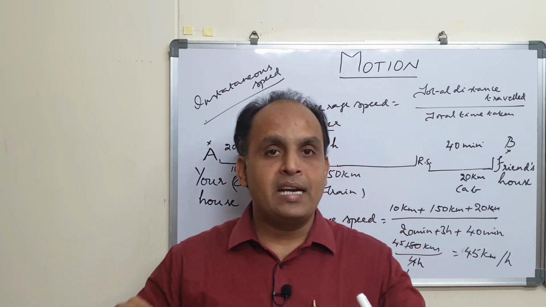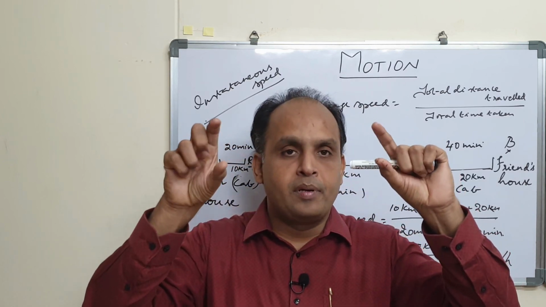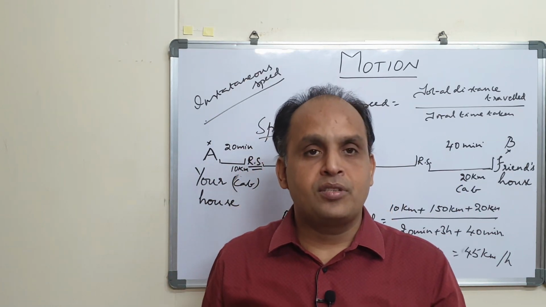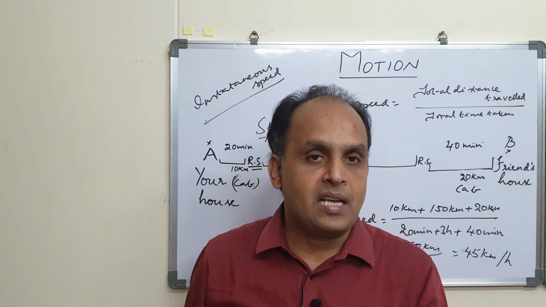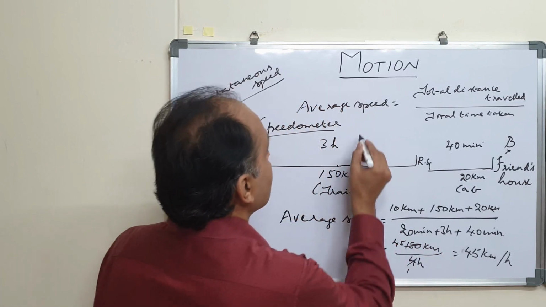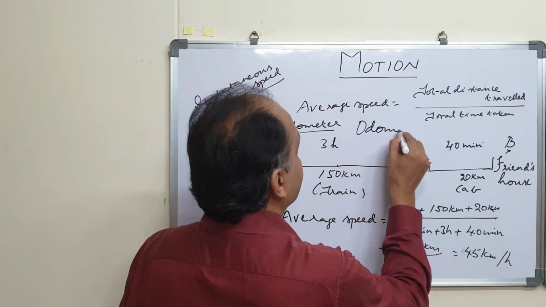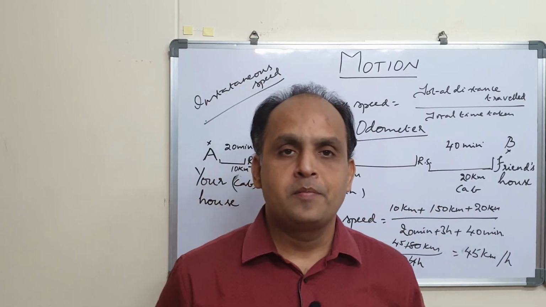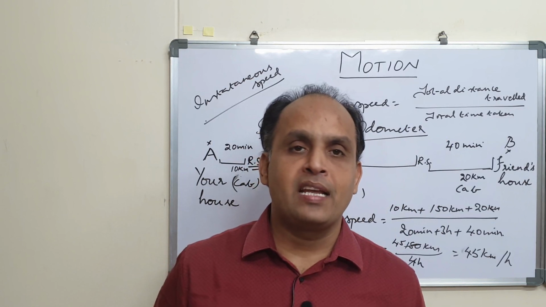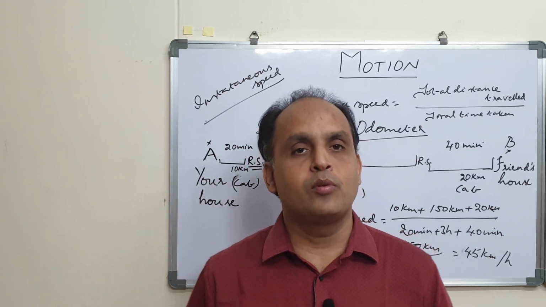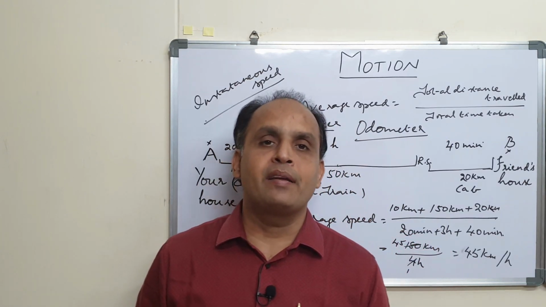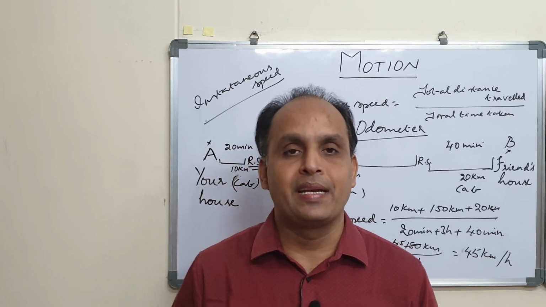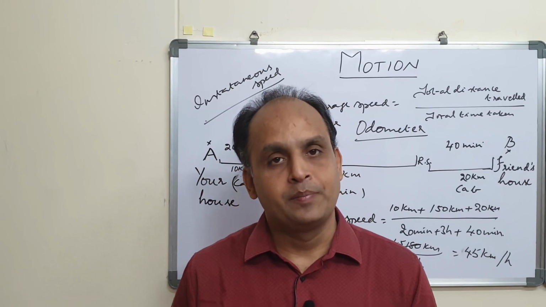And just below that you can see a small strip in which you can see how much distance the automobile has covered, and that is called an odometer. So the odometer is the instrument which tells us the distance covered by the vehicle, and the speedometer tells us the speed with which the vehicle is traveling, or the instantaneous speed of the automobile.